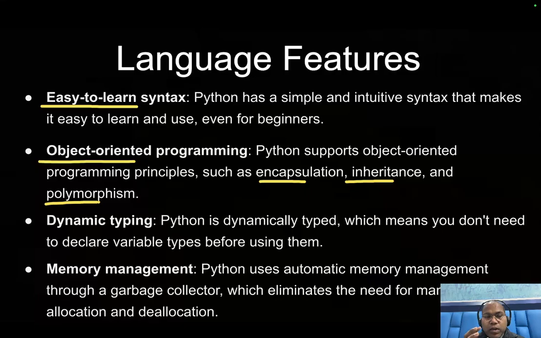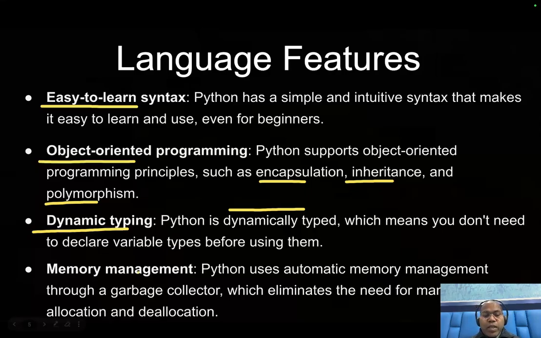Python is a multi paradigm language: you can write object oriented code or a simple sequential approach, like the C language. It is also dynamically typed, which means you don't need to declare a variable before using it. The data type is figured out automatically by the programming language itself.